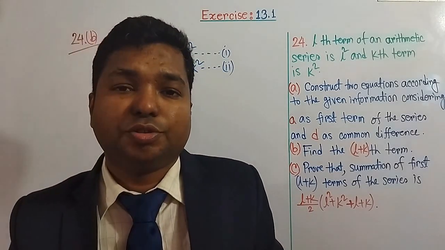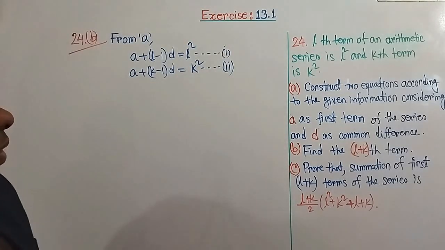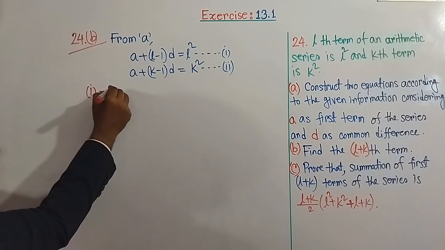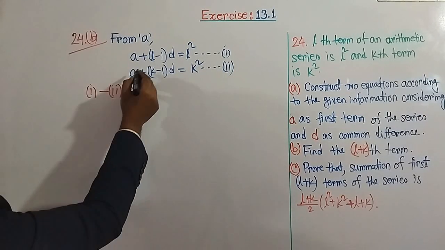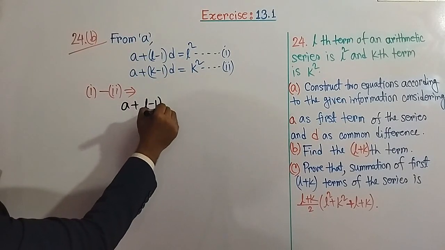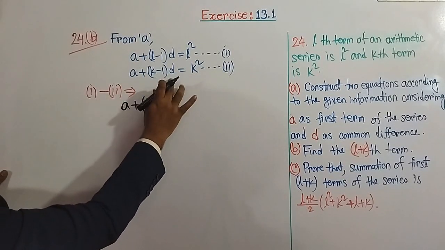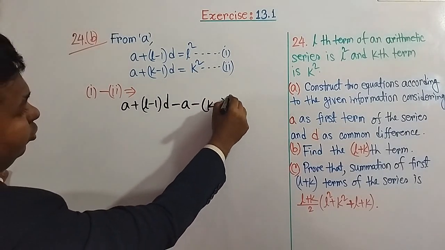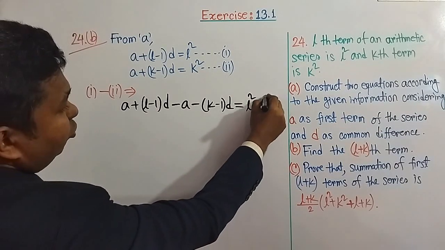Now solving these two equations, at first we subtract equation 2 from equation 1. So subtracting equation 2 from equation 1, we will get, here the left hand side of equation 1 is a + (L − 1)d, then minus the left hand side of equation 2, that is minus a minus (k − 1)d, equal to here L² − k².